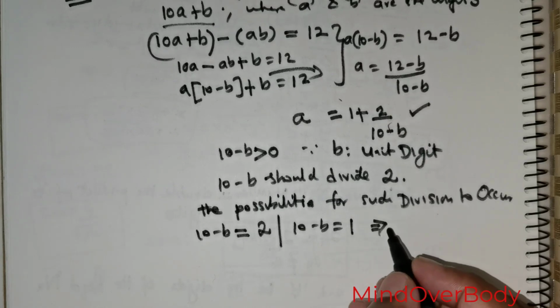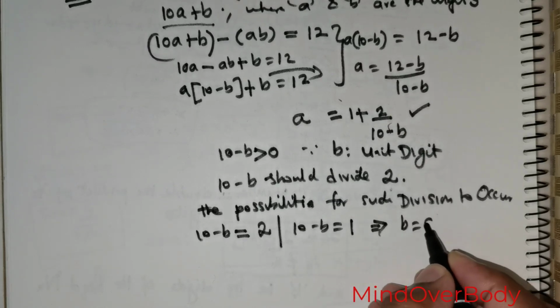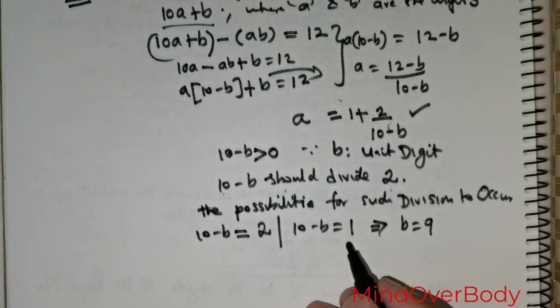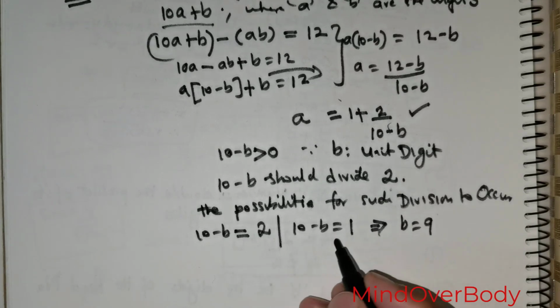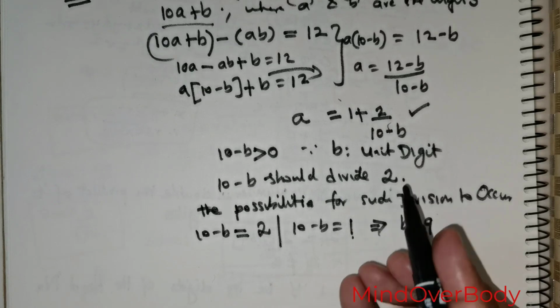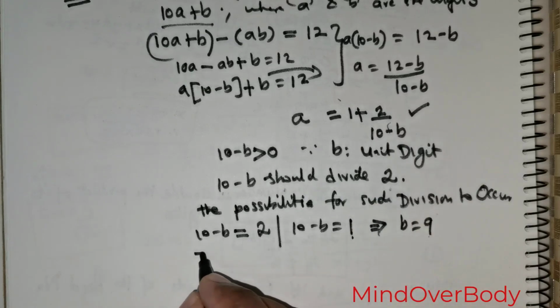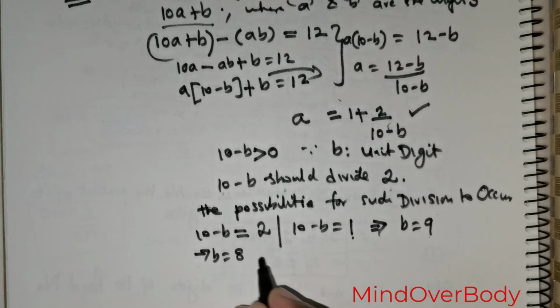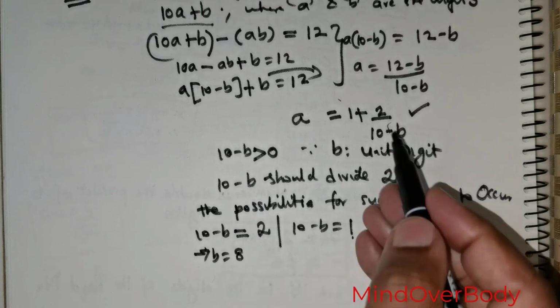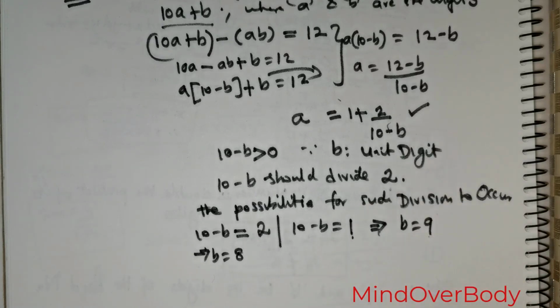Now this would mean b should be equal to 9 in this case, because you can clearly see if 10 - b is equal to 1, then it can divide 2. For that to occur, b should be equal to 9. From here b should be equal to 8, right? Because 10 - 8 will give me 2, and 2 can divide 2.